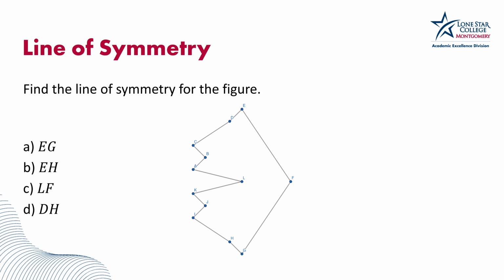This question says to find the line of symmetry for the following figure. When we're talking about symmetry, we want to think about which line cuts this figure so that the two shapes that come out of this cut are symmetrical, meaning mirrored. This is a very odd shape, but there is one distinct line that creates symmetry, and that line is right here at LF.